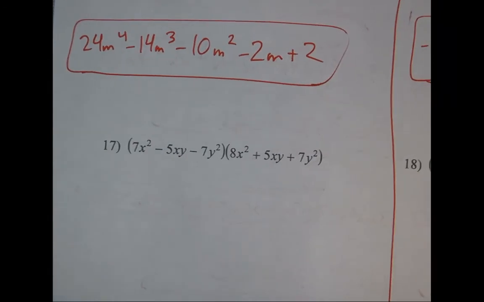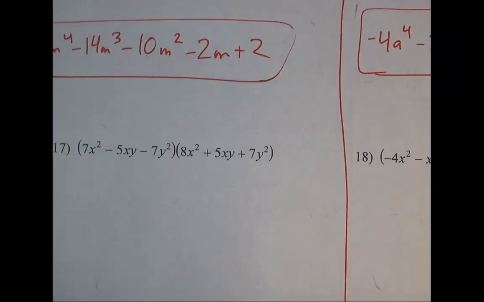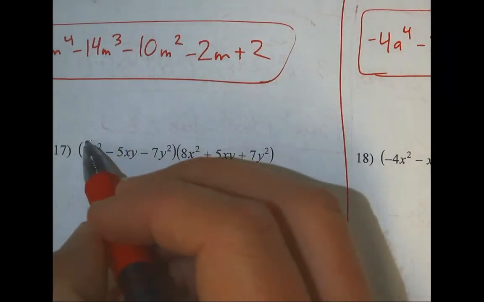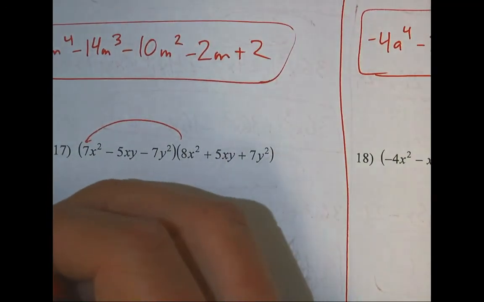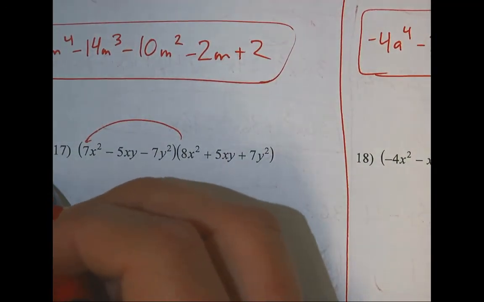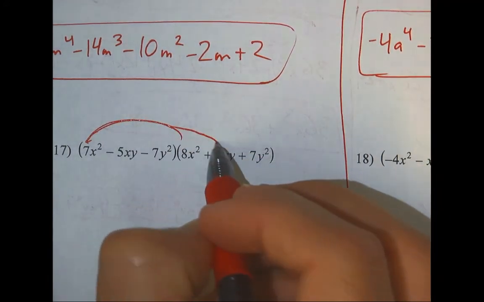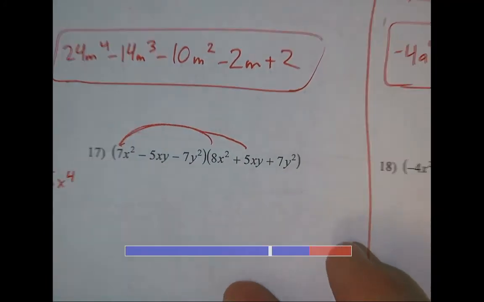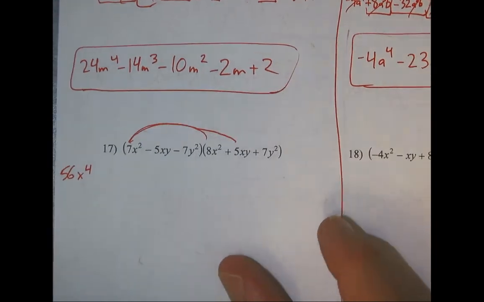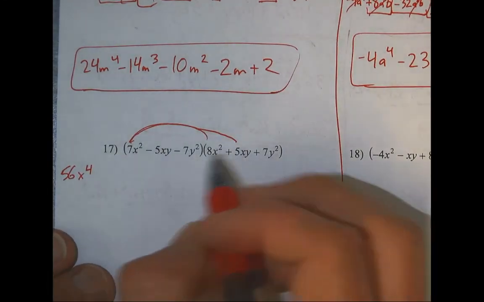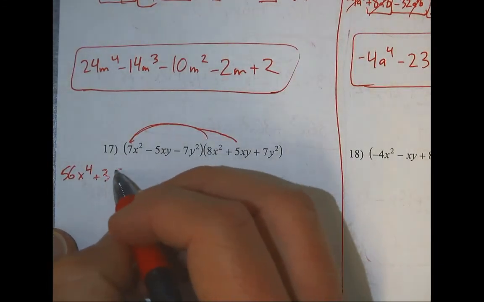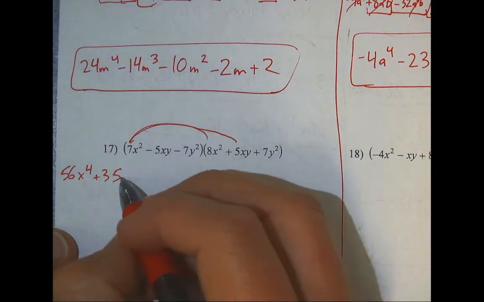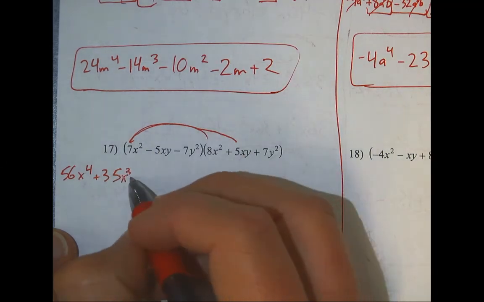All right. Number 17. X squared times x is x to the third, and this y stays with it.